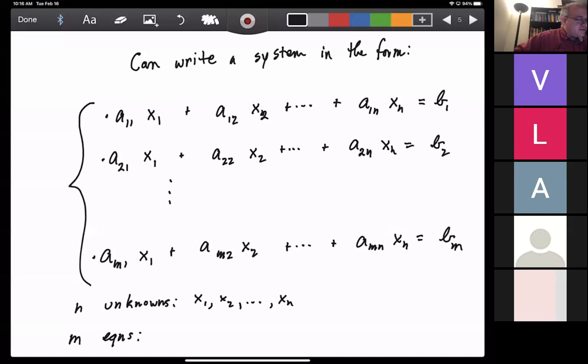So in the first equation, all the coefficients have a first subscript of 1, right? That first subscript indicates the equation the coefficient belongs to. And the second subscript represents the unknown that the coefficient belongs to, right? So A11 means first equation, first unknown, so it's multiplied by x1.